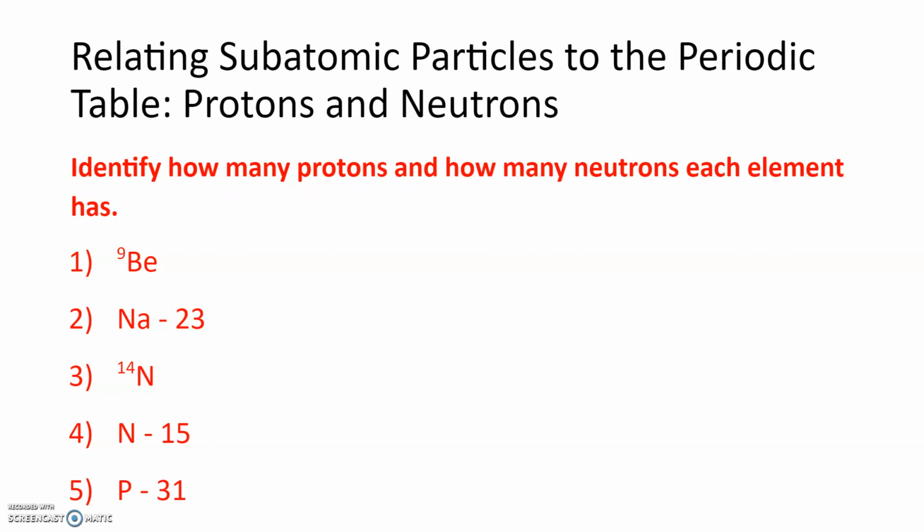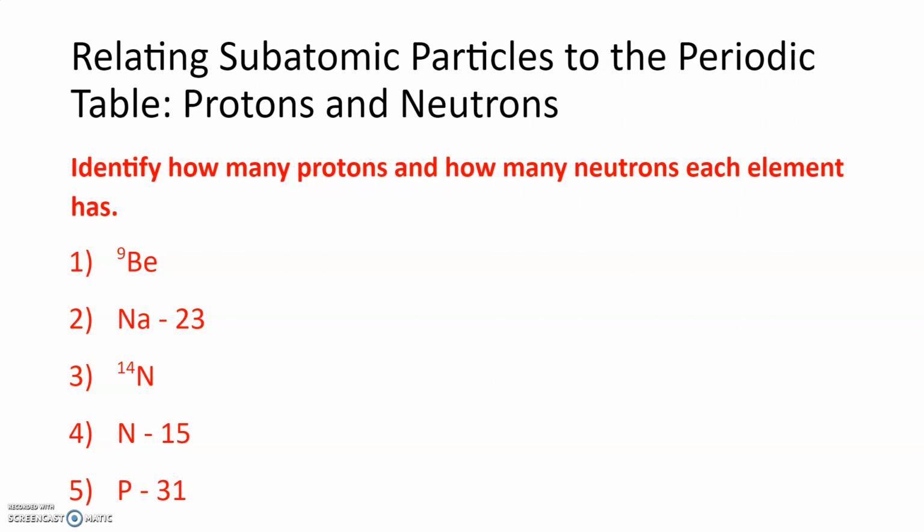Okay, let's double check our answers real quick. Sodium is number 11 on the periodic table. Its mass number is 23. 23 minus 11 protons tells us there are 12 neutrons in sodium. Number 3 has nitrogen 14. Nitrogen, N, is number 7 on the table, so it has 7 protons. The mass number of 14 minus 7 protons gives us 7 neutrons.